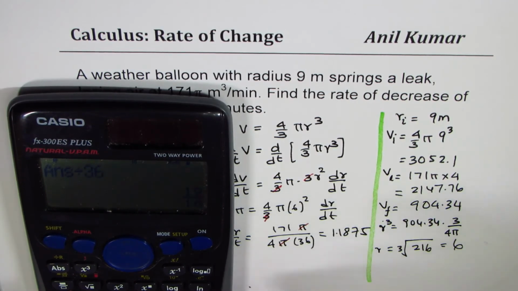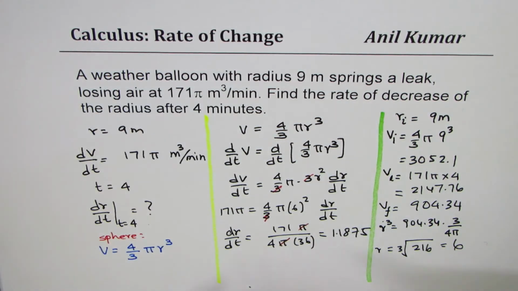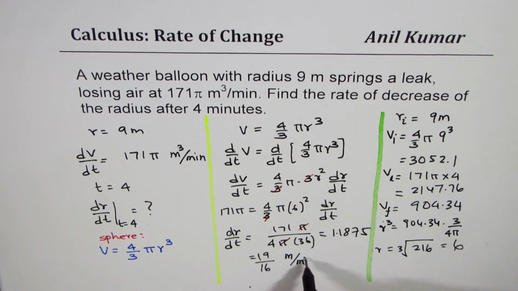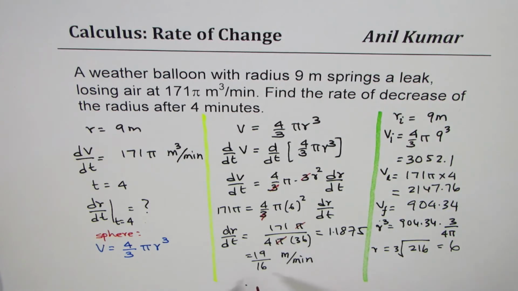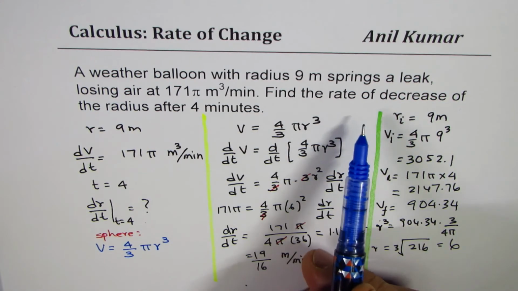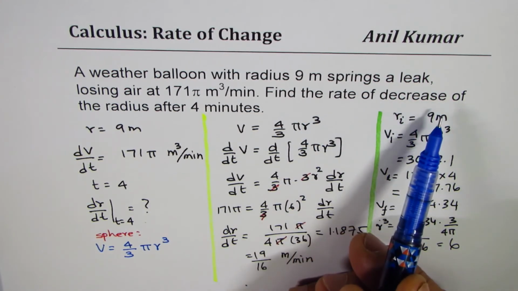Oh, it was not bad. 19/16, or whatever we had here, and the units will be meters per minute. Meters per minute, right? I have to add one more thing here. Now what you need to also understand is, when you write your answer, that the rate of decrease is needed.